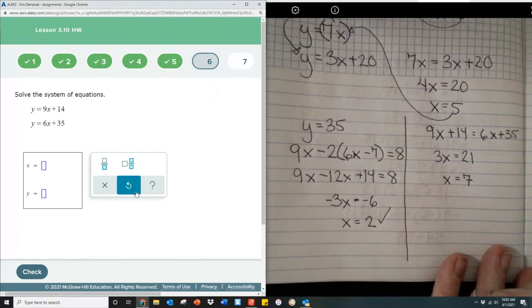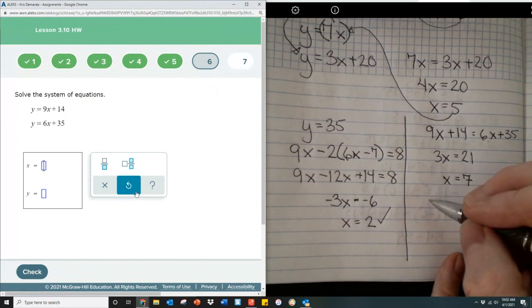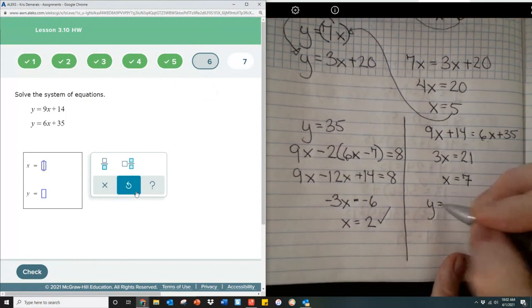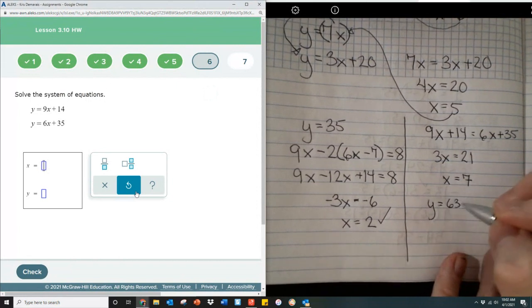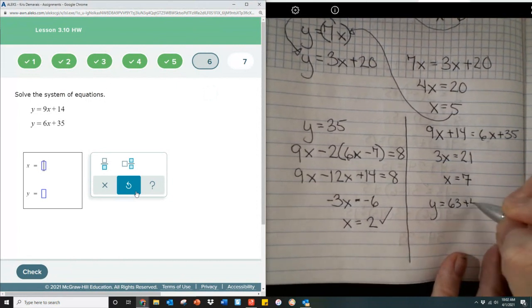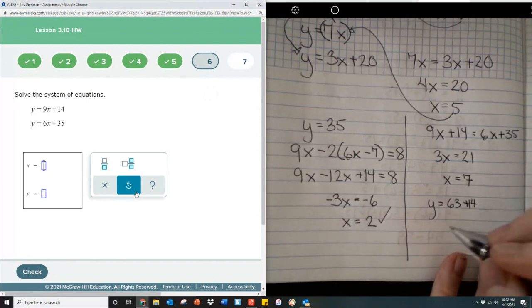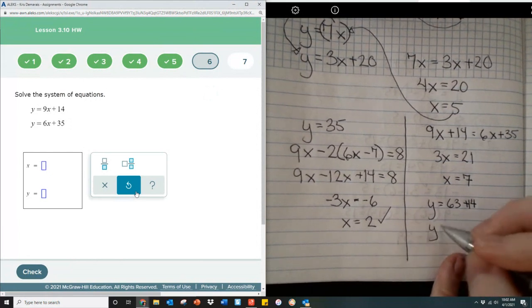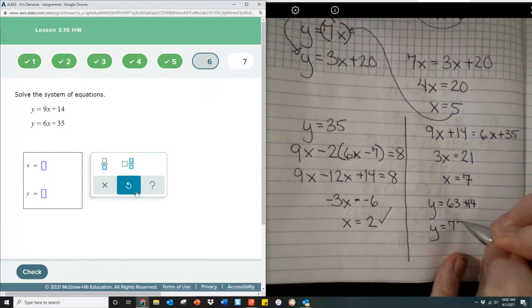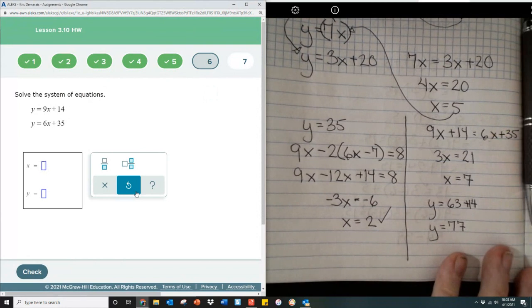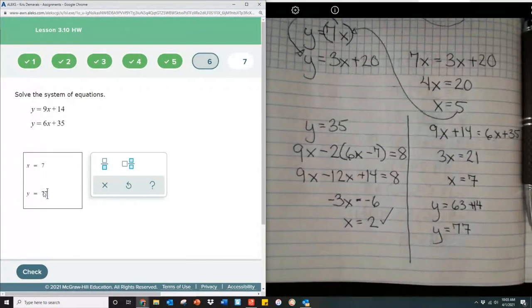Replace 7 into either one of the two equations. I could put in the top one. So that's going to be y equals 63 plus 14. And so I'm going to get y equals 77. So now I'm going to plug that in. So I get 7 and then 77.